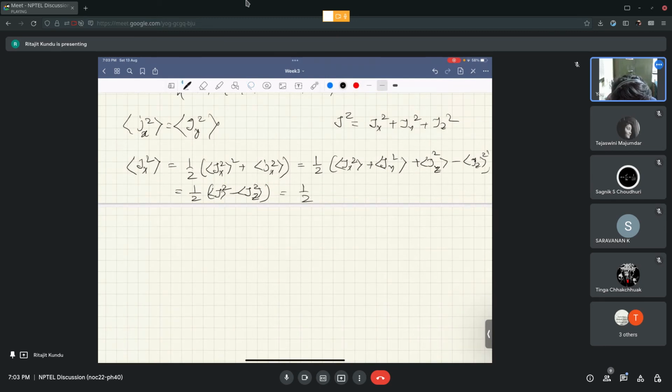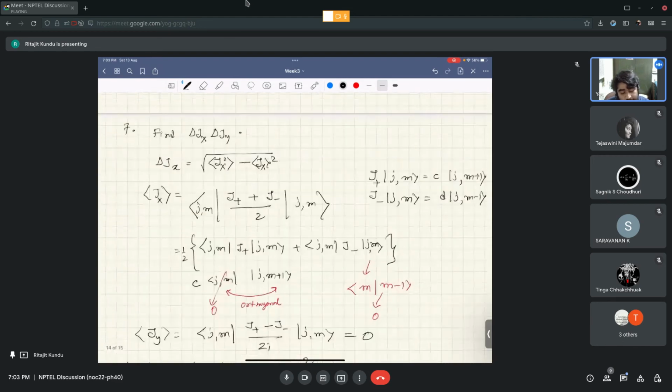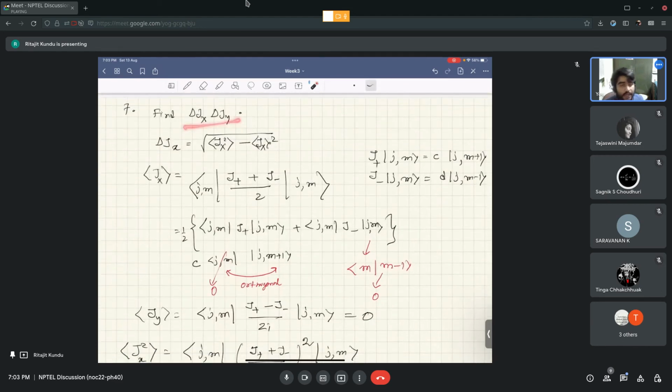So it becomes half of (j into j plus 1, times h bar square, minus h bar square m square). Basically this is jx square. Now you know jx square, which is the same as the jy square expectation. So you plug these things back into this relation, and you will get delta jx and delta jy.